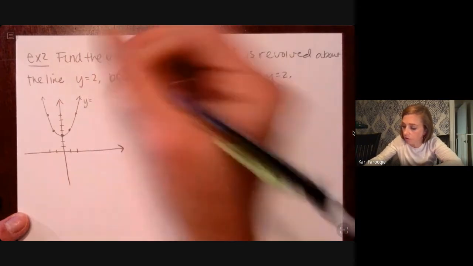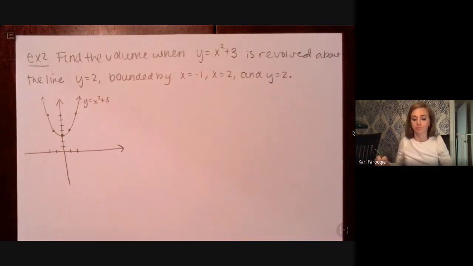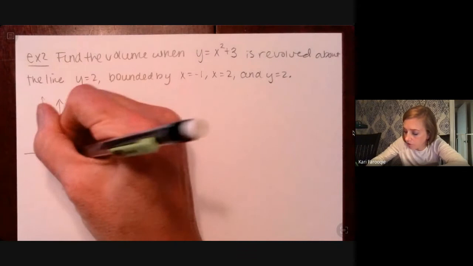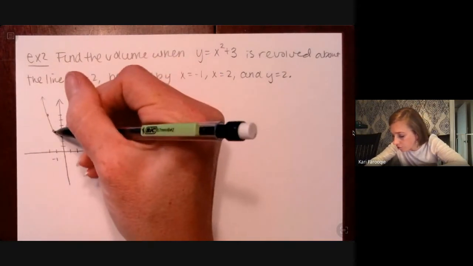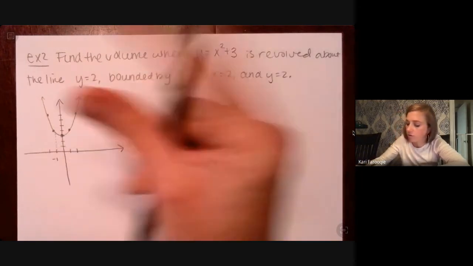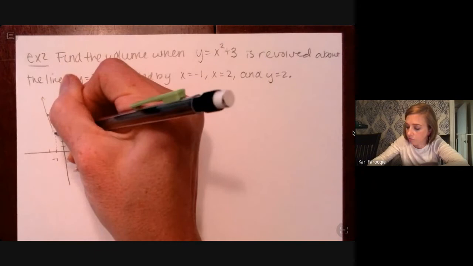So this is y equals x squared plus 3. We were bounding this by x equals -1. Sorry, my point is a little bit too far to the left. Should just move it so it doesn't look like I'm using a different point.